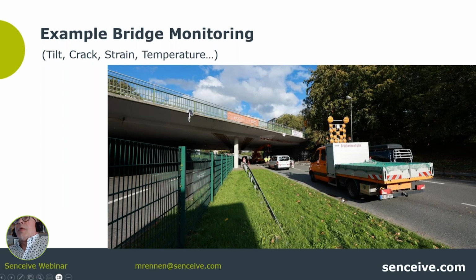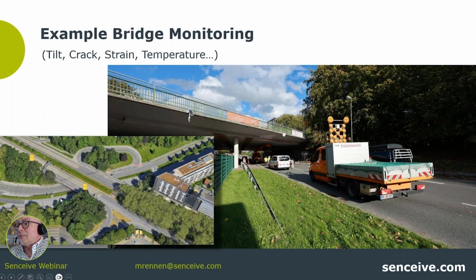And in October last year, I have to check. Yeah, October last year, we installed a number of sensors here. You see the gateway here with the solar panel for the communication. And underneath, the bridge here, 6 lanes, 3 lanes in each direction.